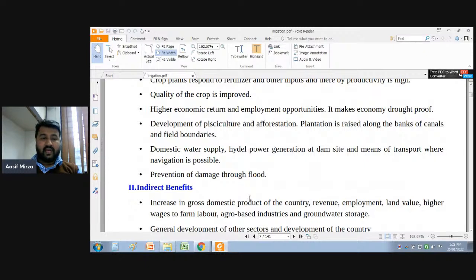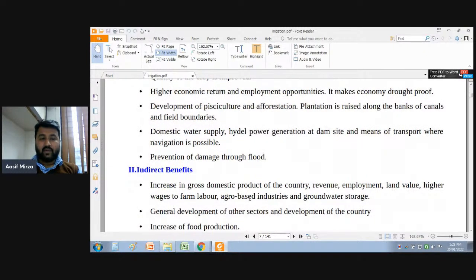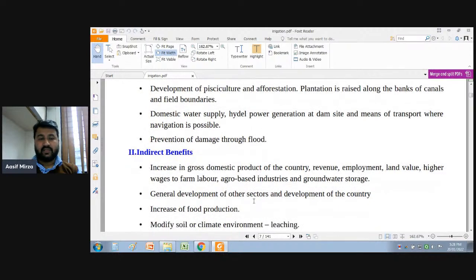Now moving toward the indirect benefits, which are increase in gross domestic product of the country, revenue, employment, land value, higher wages to the farm laborers, agro-based industries, and groundwater storage.